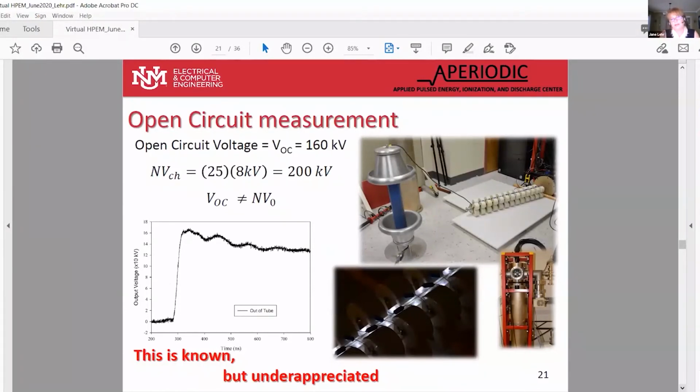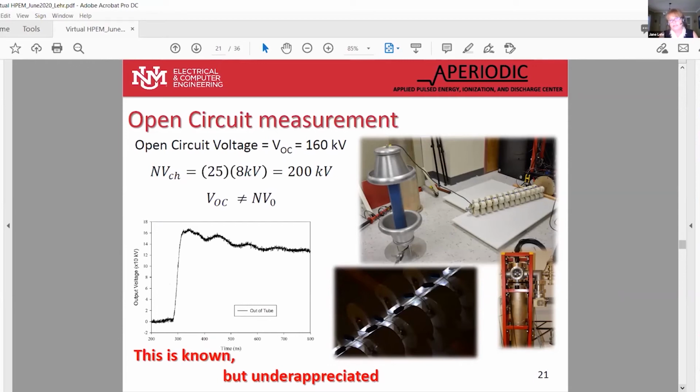So how does this manifest itself? We've actually been working on this for a couple of years. We were in the process of repairing a Marx, so we decided to take it out of its can, so it's only its naked backbone, if you will. We fired it into what's essentially an open circuit, into the North Star probe shown there.